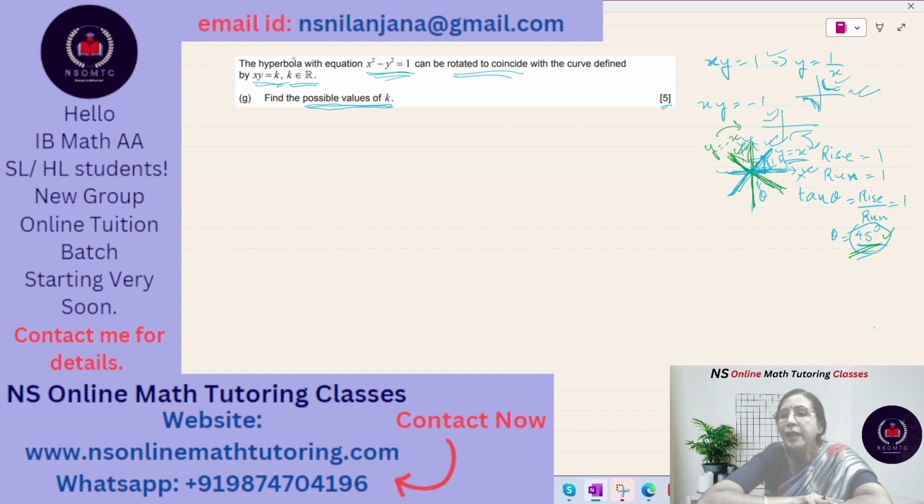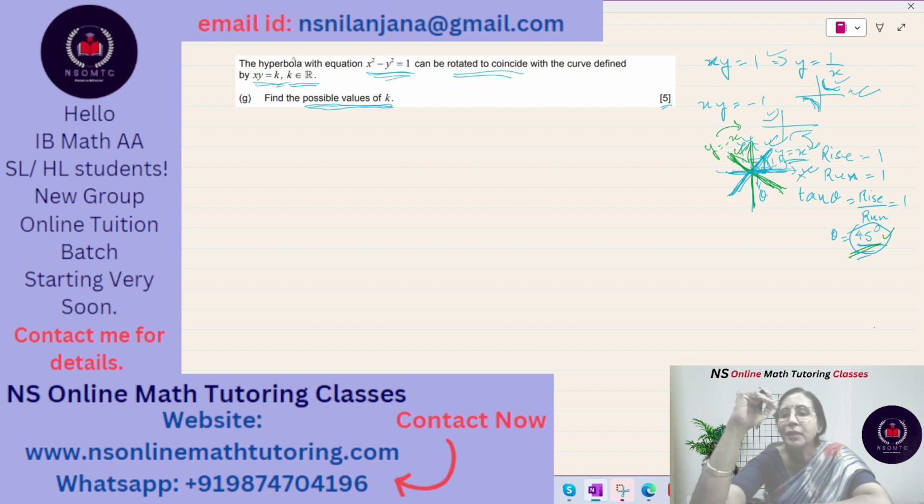We should be rotating the whole figure, the whole hyperbola graph, but if you consider the two asymptotes, the angle becomes much easier to detect.